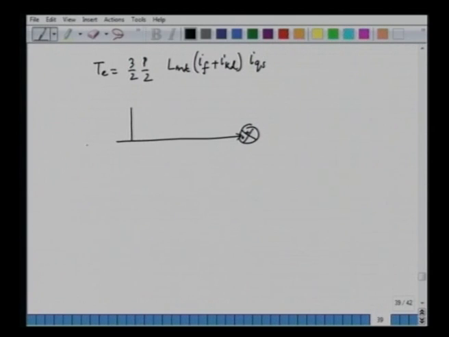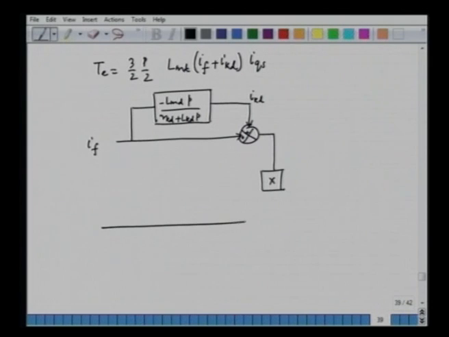We have the field current here, and the field current is not constant, and that changes with this transfer function LMD P by RKD plus LKD P, and this is IKD, and IKD is added with IF, and then we have a multiplier, and this is multiplied with IQS, and we have 3 by 2 P by 2 into LMD, and this is the torque of the synchronous motor.